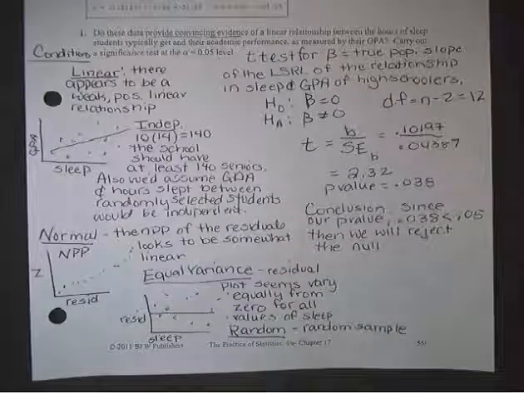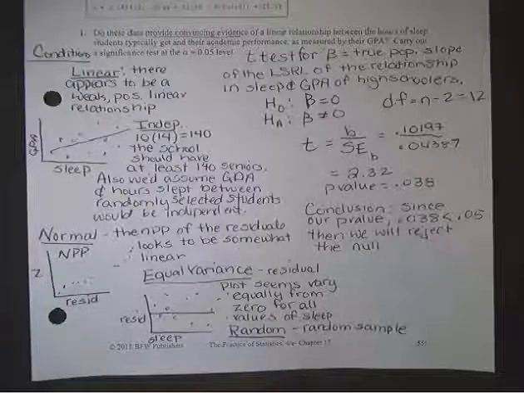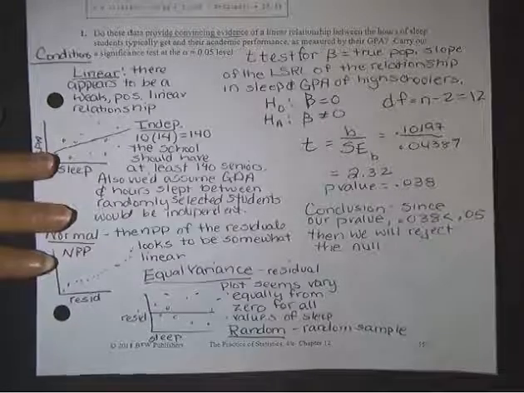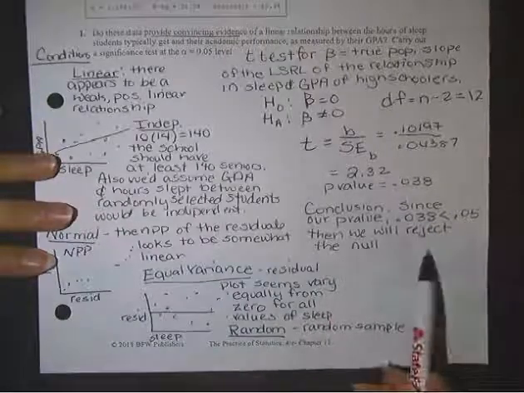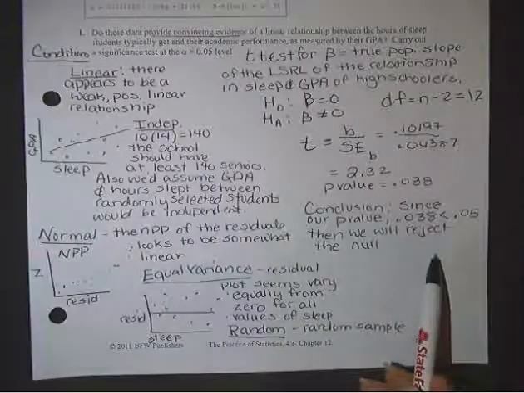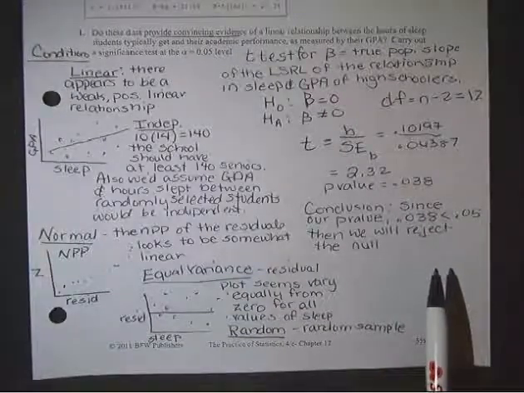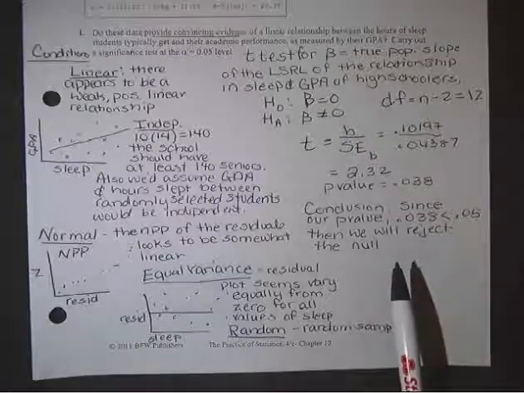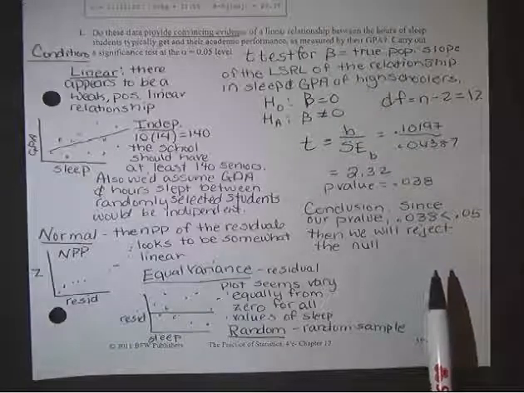Enter the lists and it'll run it for you very quickly. But remember in your conclusion to put it in context. I haven't done that right here, but that we have enough evidence to conclude there's a linear relationship between the hours of sleep that students typically get and their GPA.